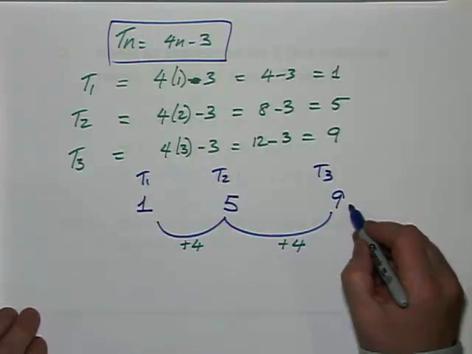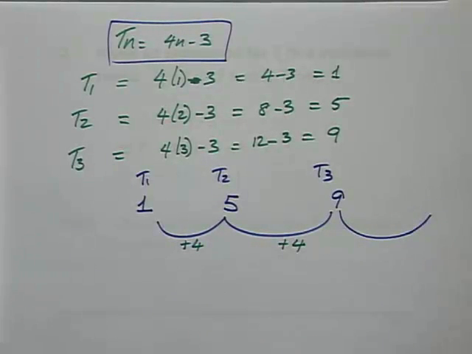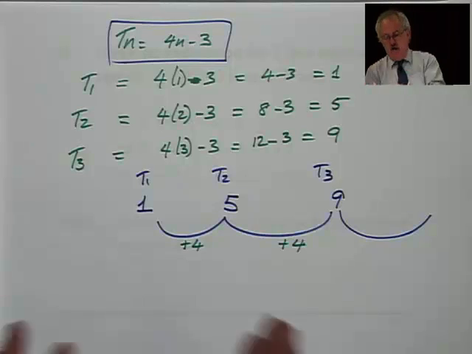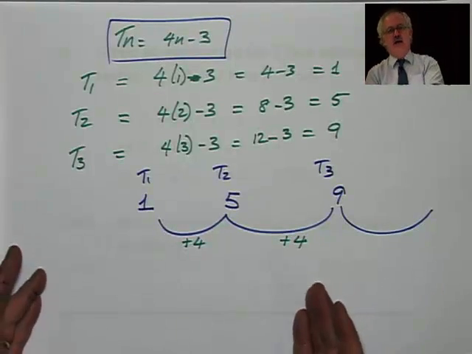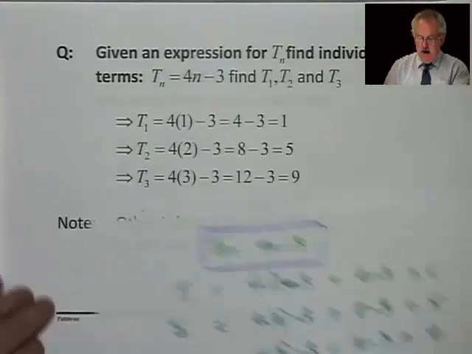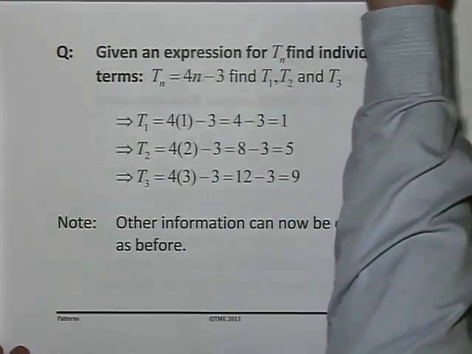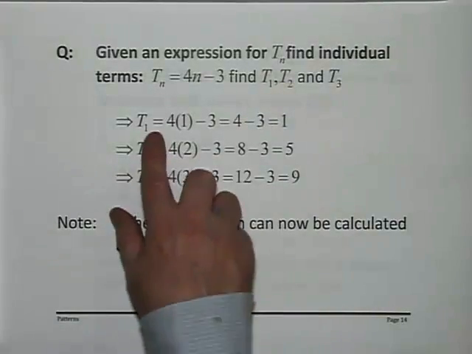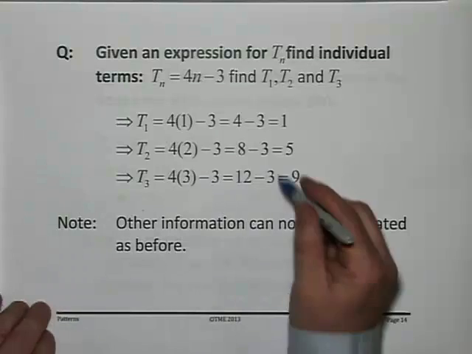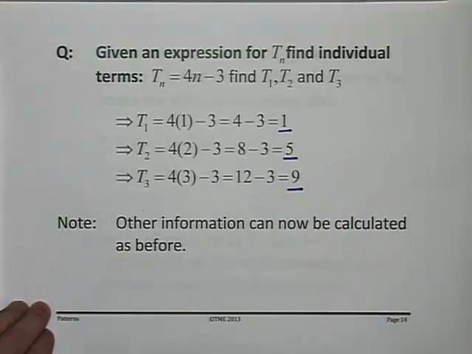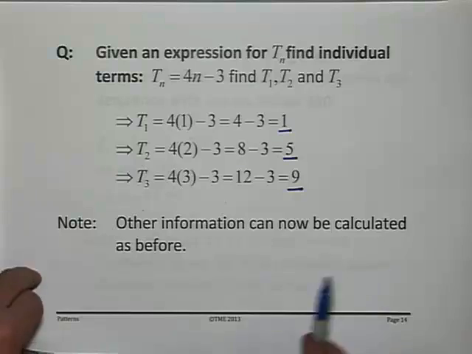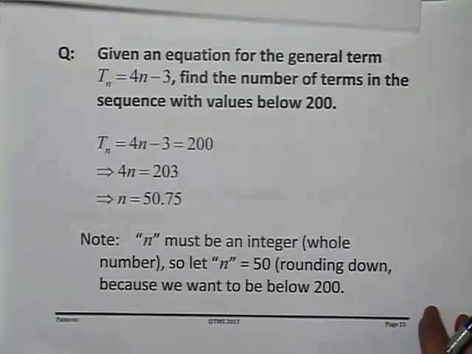You fully now see it. And it's probably worth it for that. You know you're not going to make a mistake. You know it's arithmetic. You know you do all the S's and all that stuff on it. So there's the expression. We plugged in T1, T2, and T3, and we got the values 1, 5, and 9. We can now do other information exactly as before.